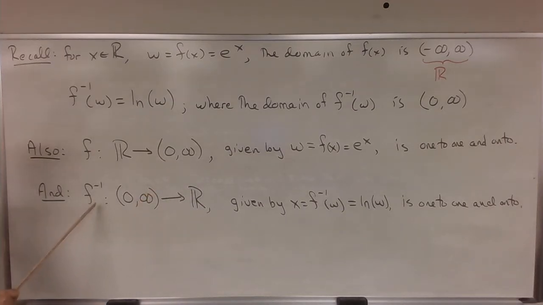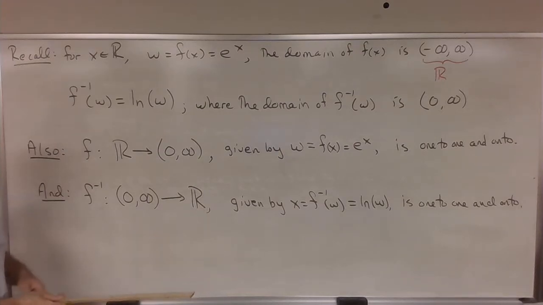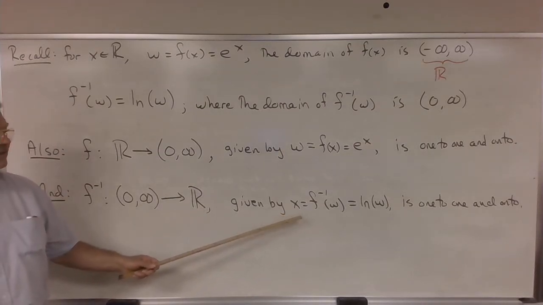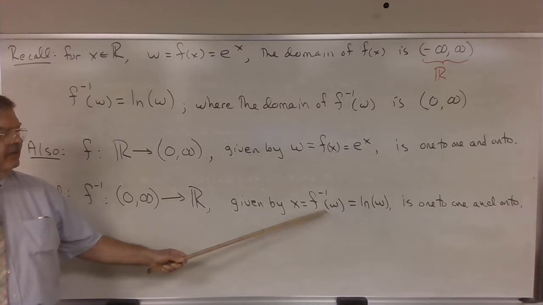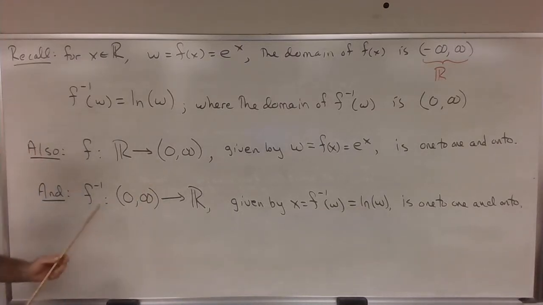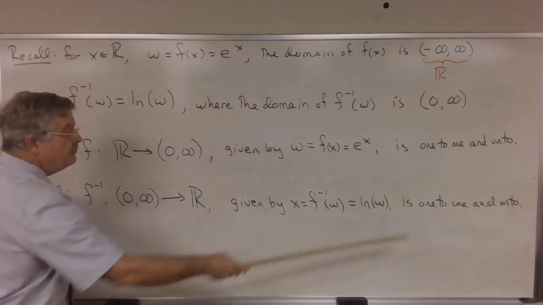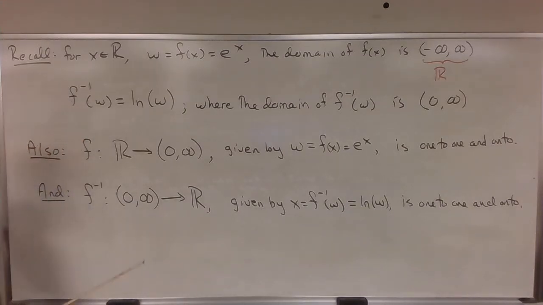And now let's consider f inverse from the set of positive real numbers to the entire set of real numbers, given by x equals f inverse of w, or the natural log of w. f inverse, the natural log of w, is also one-to-one and onto.